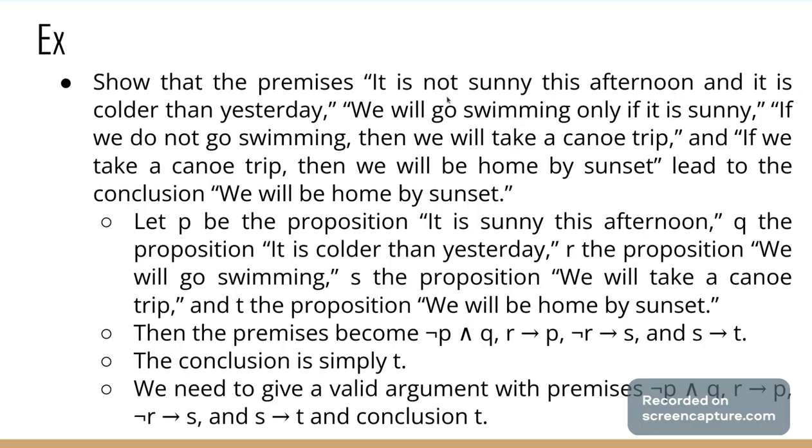So the first premise can be represented as not P and Q. The second premise can be represented as R implies P. The third premise is not R implies S. And the fourth premise is S implies T. So from these 4 premises, now we don't need to look at the statements.